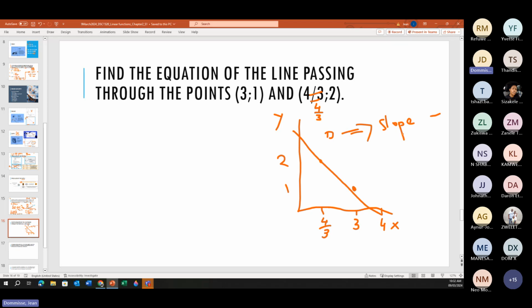So slope, because it is a demand function, slope to the negative side. So when we work out the slope, if you don't get a negative number, you might have made a mistake with how you've written the point. So let's, the first point, 3 and 1.